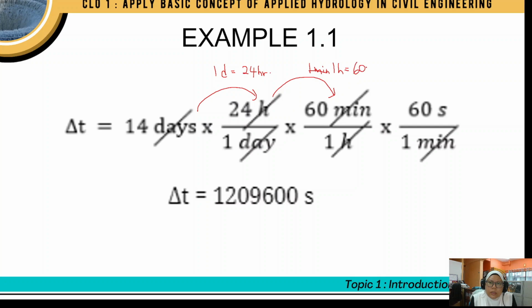Next, convert minutes to seconds, which is 1 minute equals 60 seconds. So we can cancel out days with days, hours with hours, minutes with minutes. So the remaining unit left is seconds. So you should multiply 14 times 24 times 60 and times 60 again.